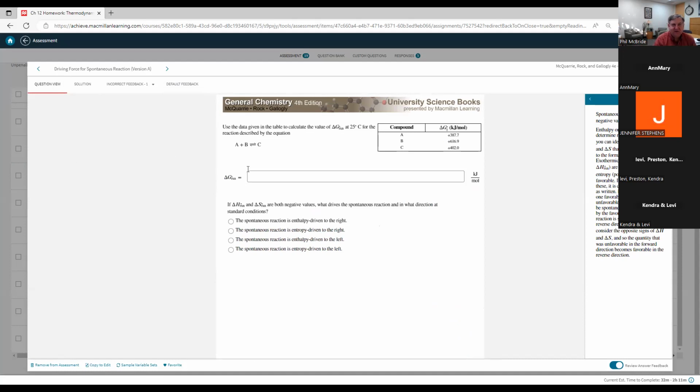All right, number 12. Use the data to calculate delta G for the reaction described by the equation A plus B yields C. The delta G for A is 387.7, B is 616.9, and C is 402.